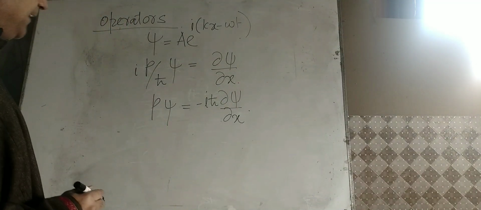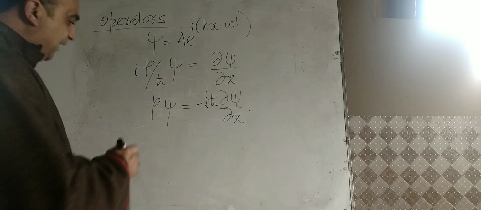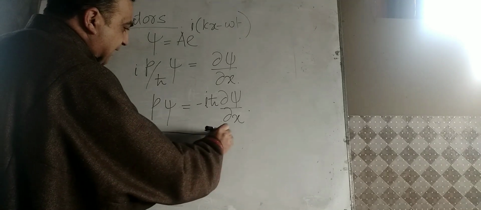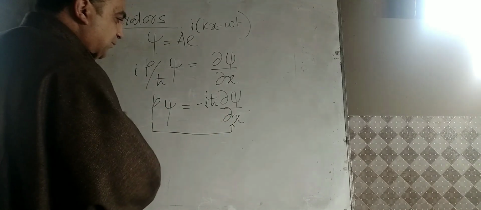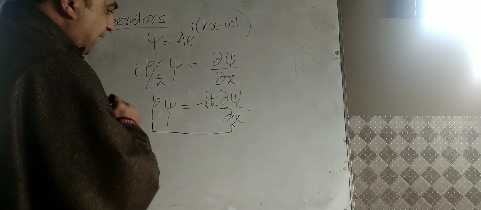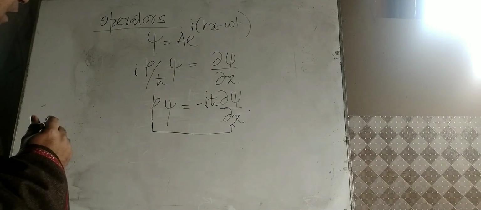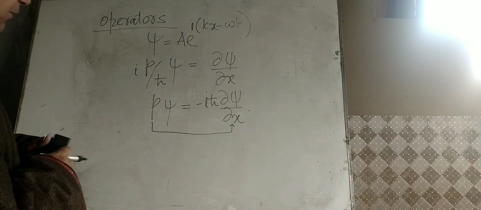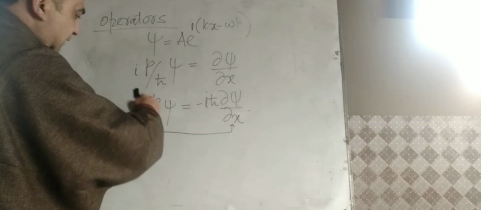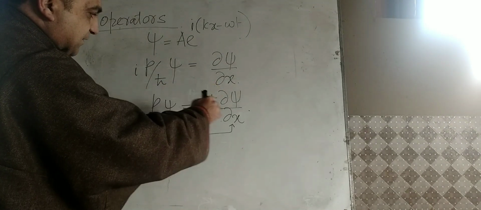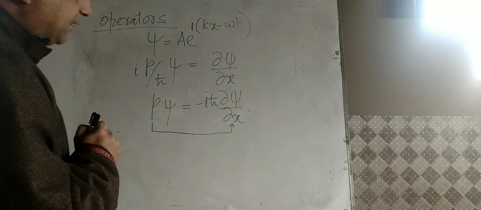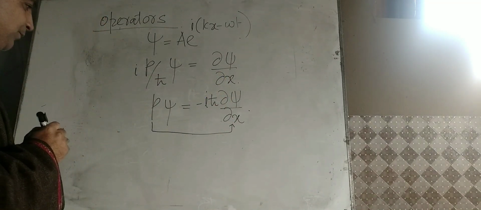Now, the point is that there is always a connection between the dynamical quantity momentum and this partial derivative multiplied by minus i h bar. So there is a clear connection between this momentum, this dynamical quantity, with minus i h bar and the partial derivative of psi with respect to x.